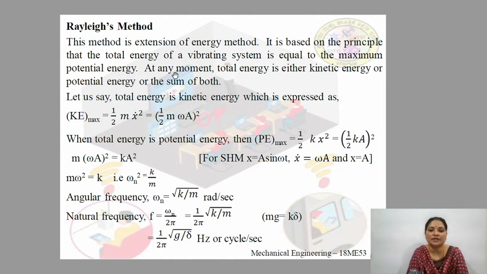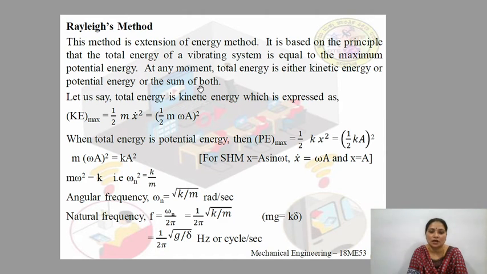At any moment, total energy is either kinetic energy or potential energy or the sum of both. In case of Rayleigh's method, the total energy may be either kinetic energy, or potential energy, or the summation of both.